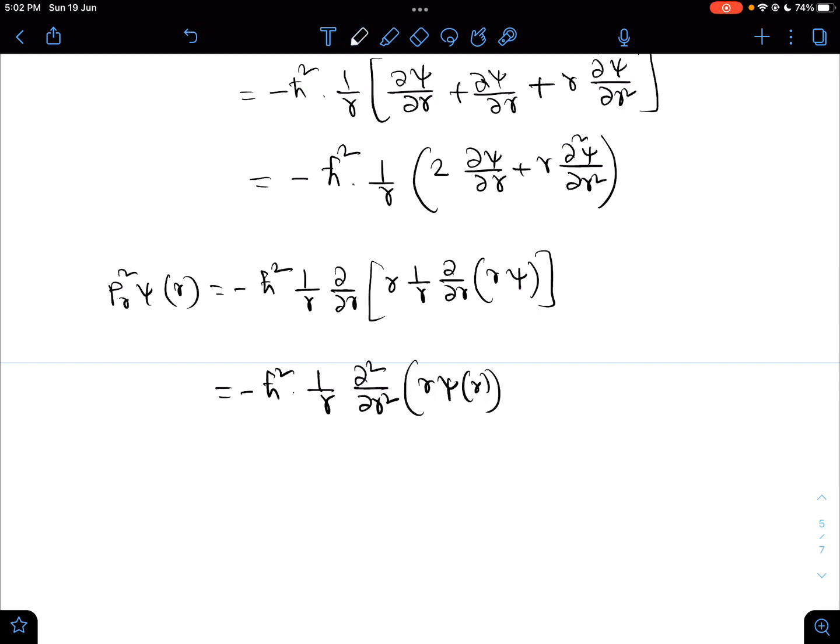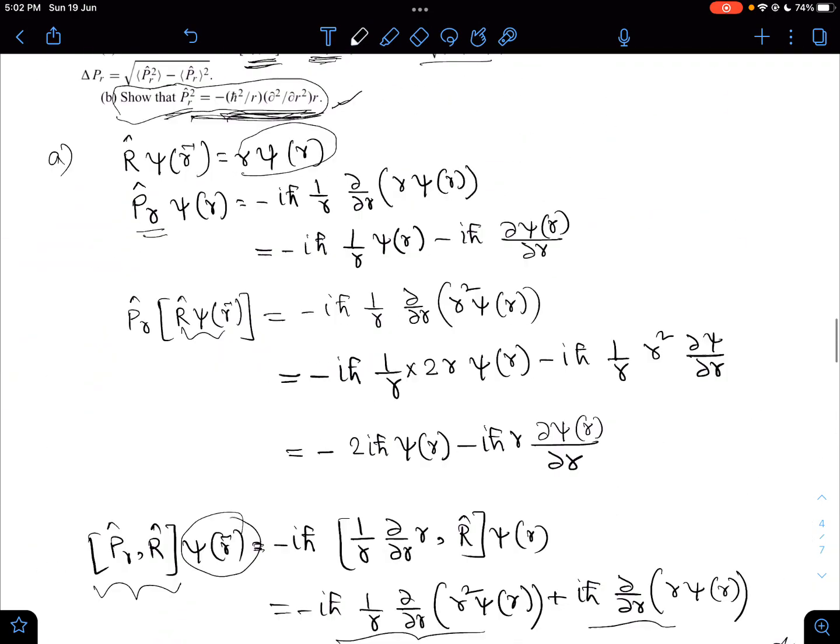So that means our P_r squared has the functional form minus h cut squared 1 by r del squared by del r squared times r. Okay, so we are done with our problem.